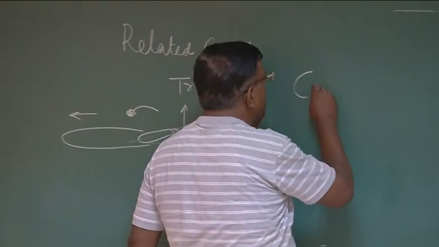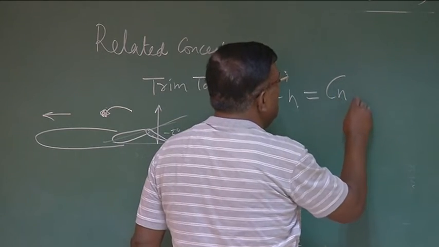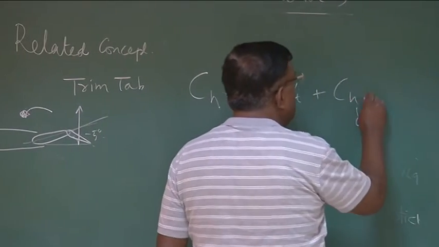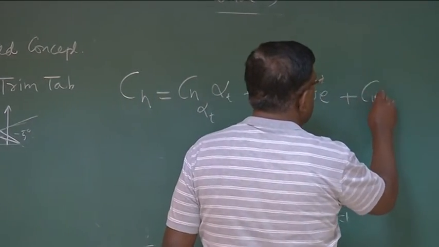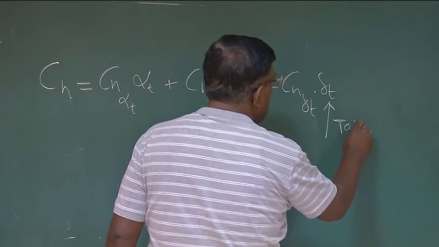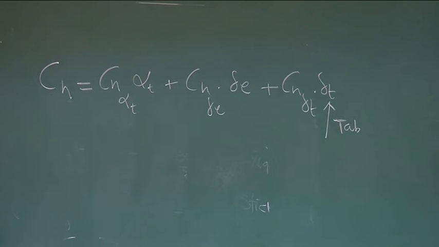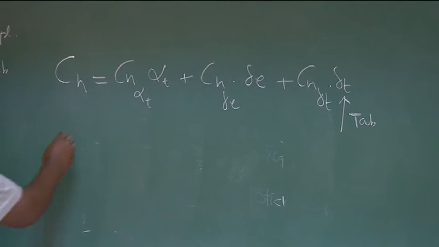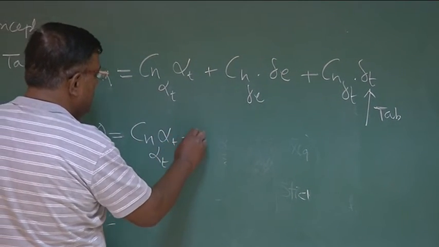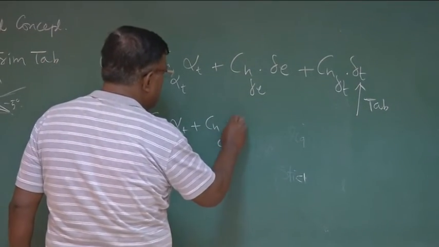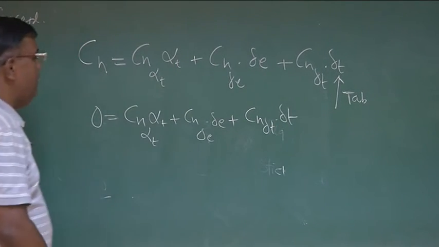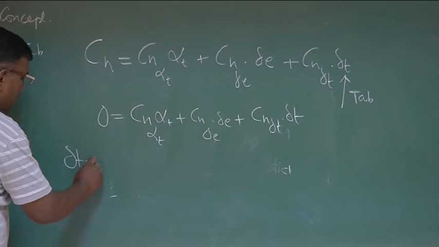And mathematically, what we have shown, CH equal to CH alpha t into alpha t plus CH delta E into delta E plus CH delta t into delta t, where this is the tab deflection, trim tab deflection, right? So when it's hands off, that means CH is equal to 0, equal to CH alpha t into alpha t plus CH delta E into delta E plus CH delta t into delta t. So I can easily find out what is the delta t required.